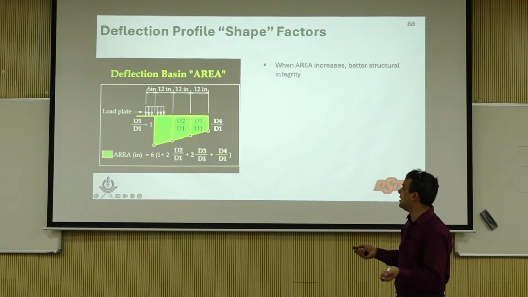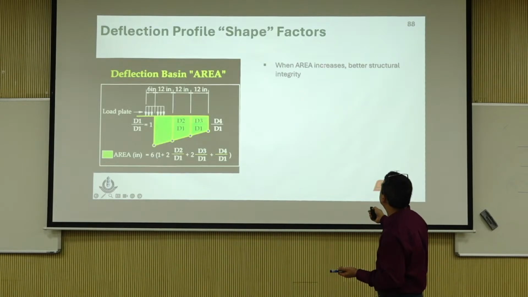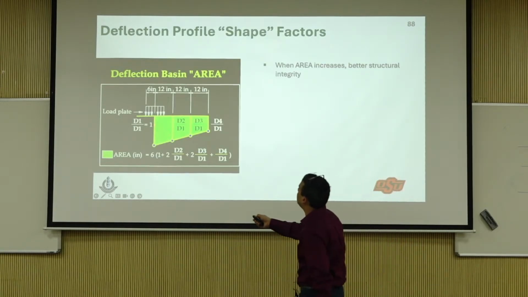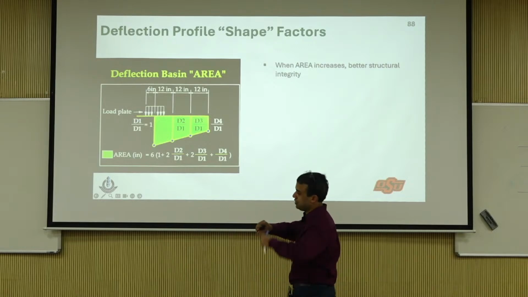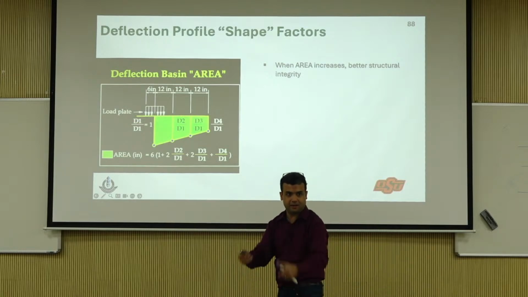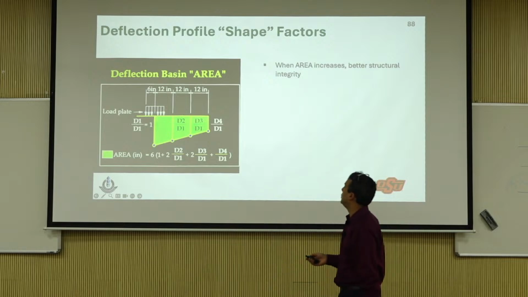So what they did is they defined this and said that higher area is basically better structural integrity because it's spreading over a larger width rather than being a sinking thing. That's why you are normalizing with respect to D0 or D1, whatever you want to call it.